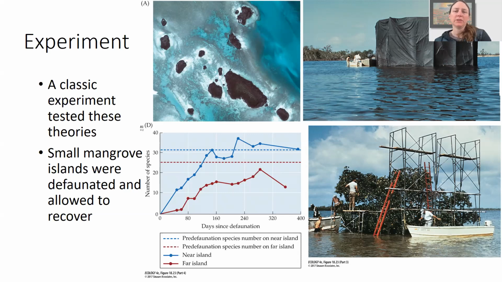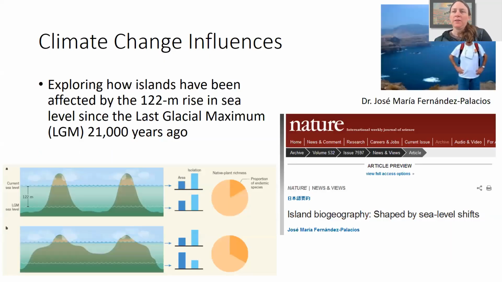So this research, we're going to follow up and talk a lot more about these kinds of models. But I just want you to know that there are also a lot of scientists continuing to study this in other places too. And so this is Jose Maria Fernandez Palacios, and he just published a paper this year or last year exploring how sea level shifts might have influenced islands because of this relationship between species richness and area since the last glacial maximum 21,000 years ago.